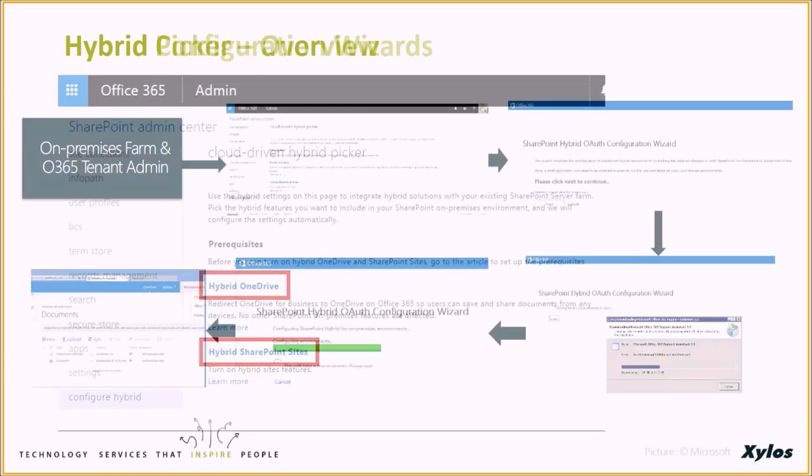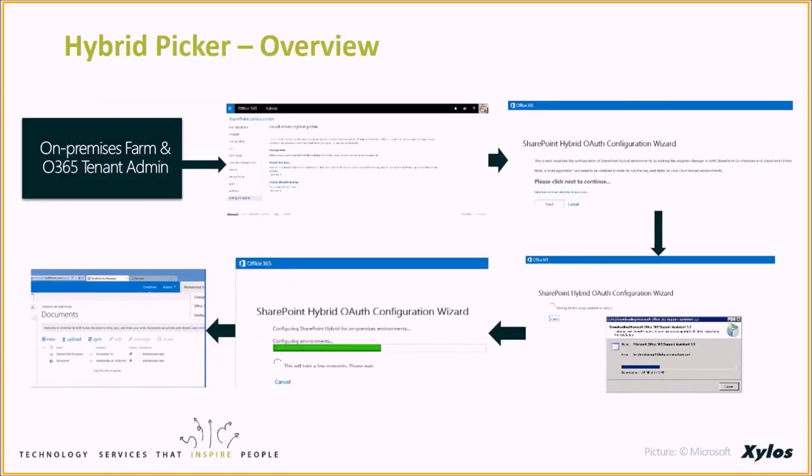It's fairly straightforward. Of course, you have to be logged in on your SharePoint box with the right user and go to this page, and then you follow your way through a wizard. It's a click once application that automatically configures the trust between your SharePoint Online farm and your SharePoint on-premises farm. And afterwards, in SharePoint Central Administration, you have to say, okay, I want to redirect for these users my OneDrive or my team sites.